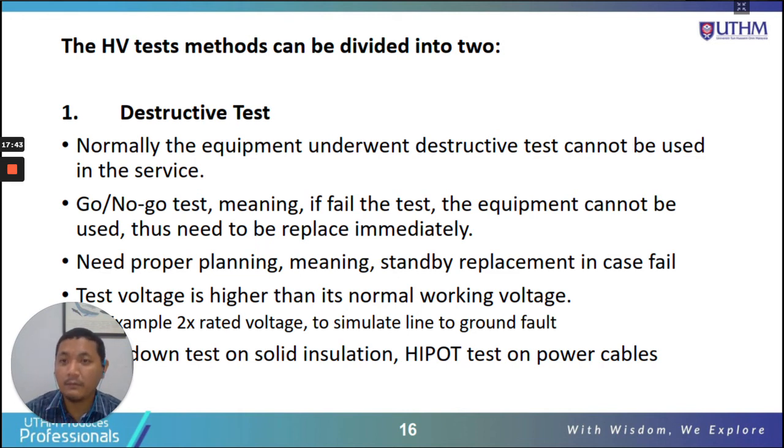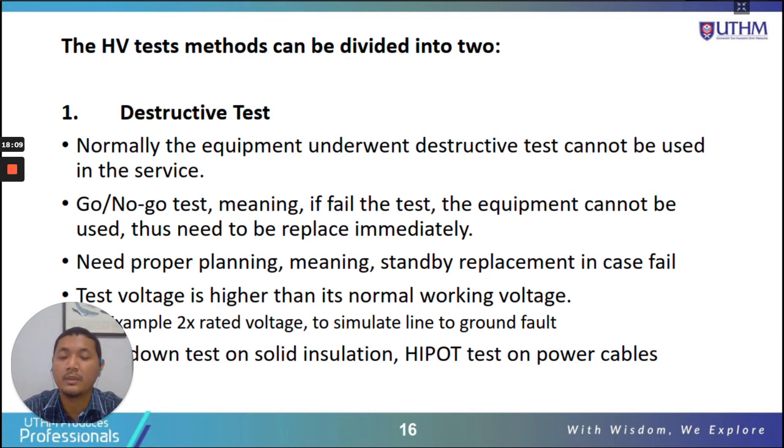A destructive test is also called a go or no go test, meaning if the equipment fails the test, then the equipment cannot be used. We have to replace the equipment immediately.